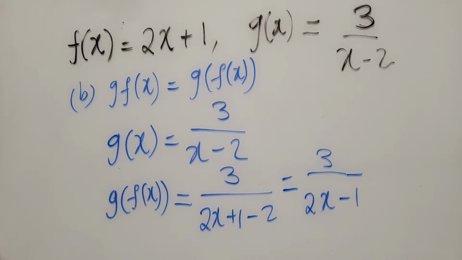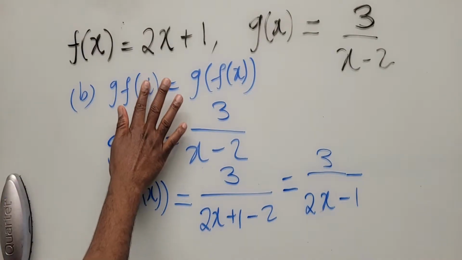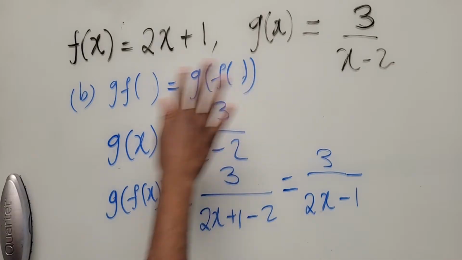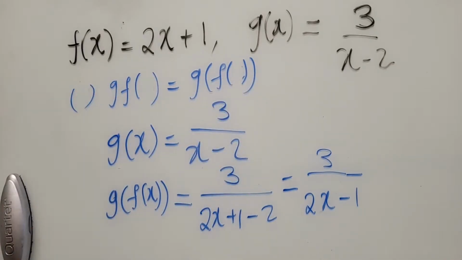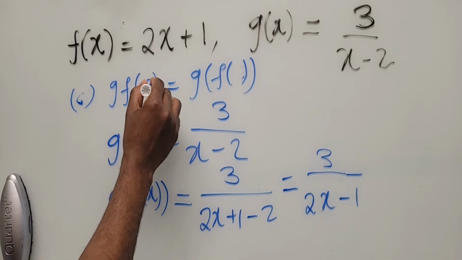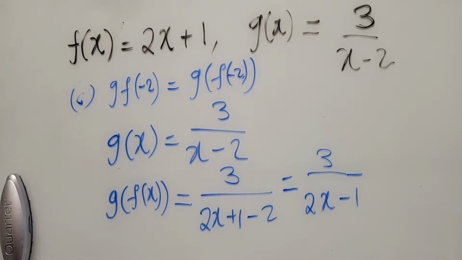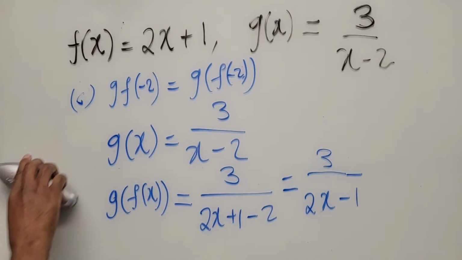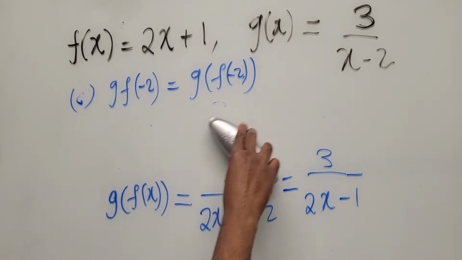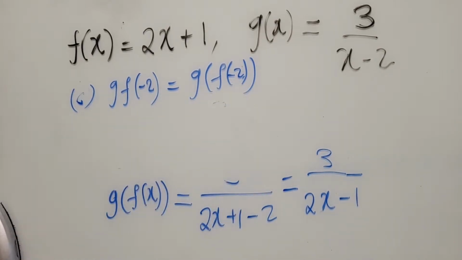Okay, that's it, right? We are done, guys. So the next problem says, let us compute g of f of negative 2. So where there is x here in part C, we are computing negative 2. So we are finding g of f of negative 2. Again, what this implies is, where there is x, we put negative 2.